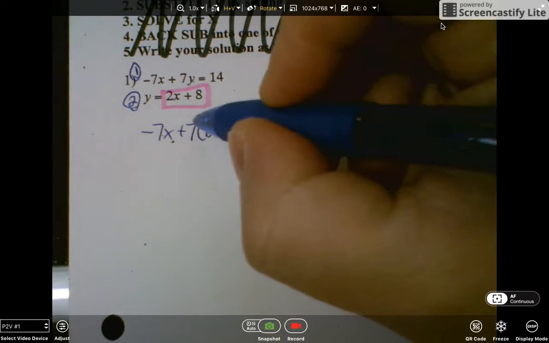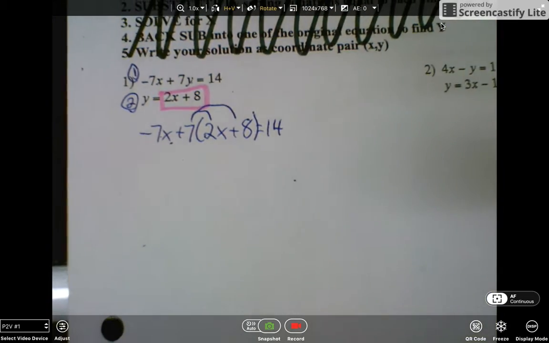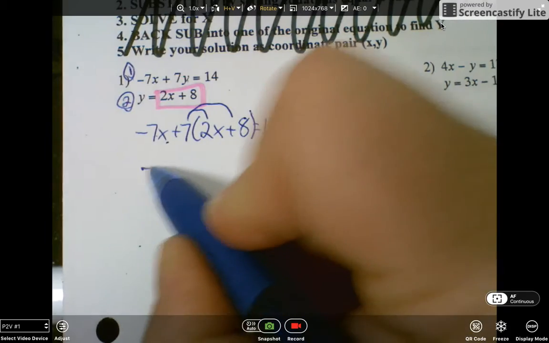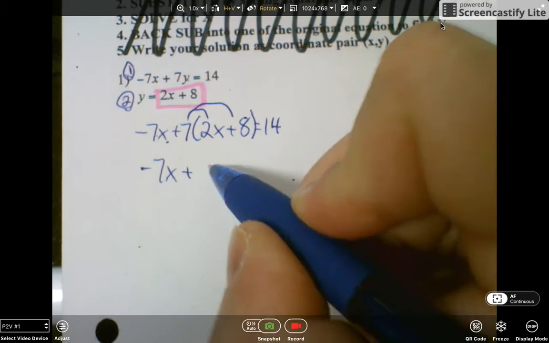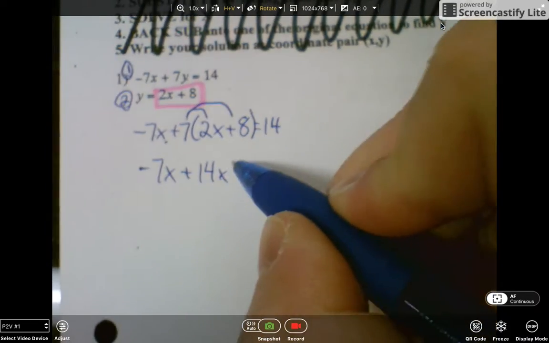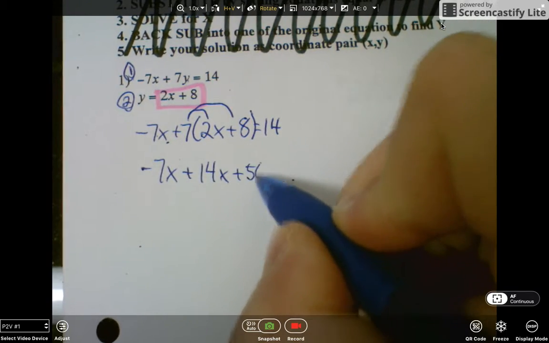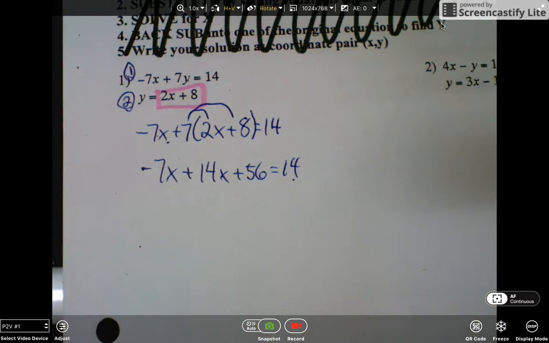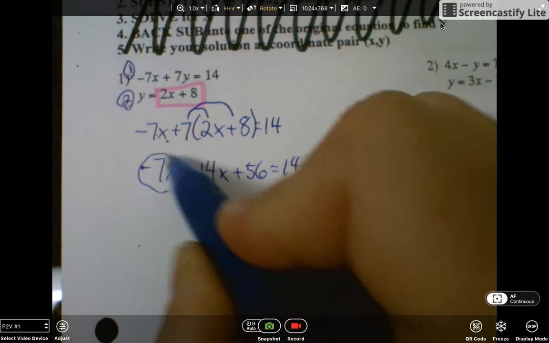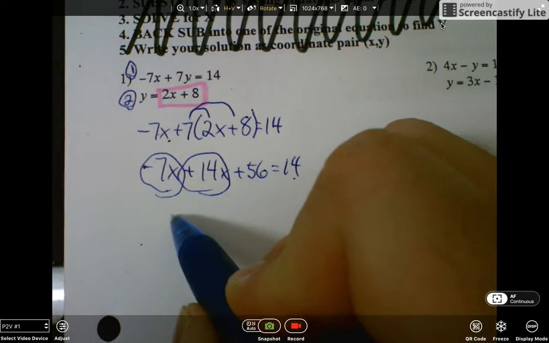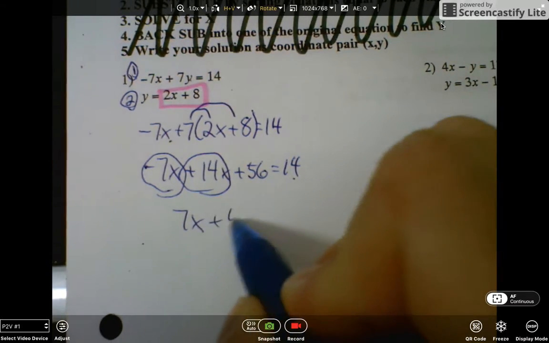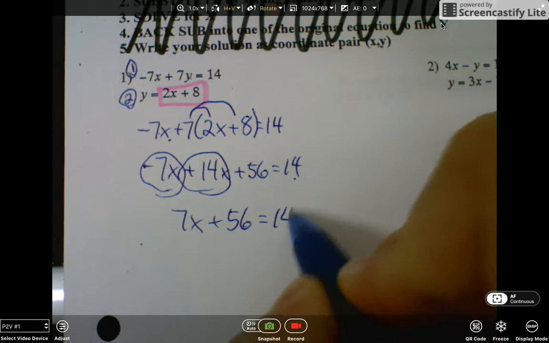So now I'm going to distribute, and I'm left with negative 7x plus 14x plus 56 equals 14. I have to combine these like terms here, and I get 7x plus 56 equals 14.